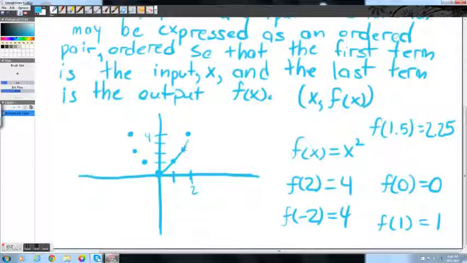For this graph, we conclude that the function f of x equals x squared takes this form.